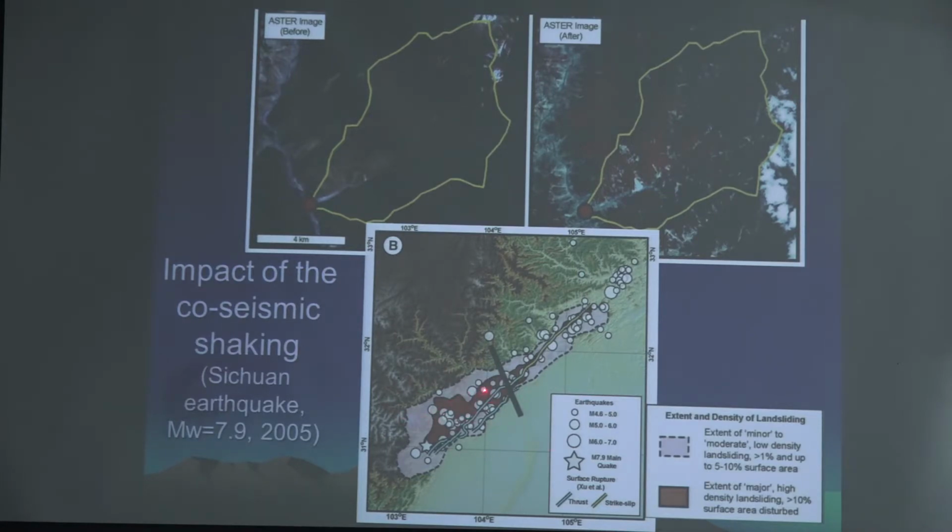I don't remember exactly who it was, but it documented the extent of the major high density of landslides after these earthquakes. And you see there was a majority of landslides very close to the thrust fault.